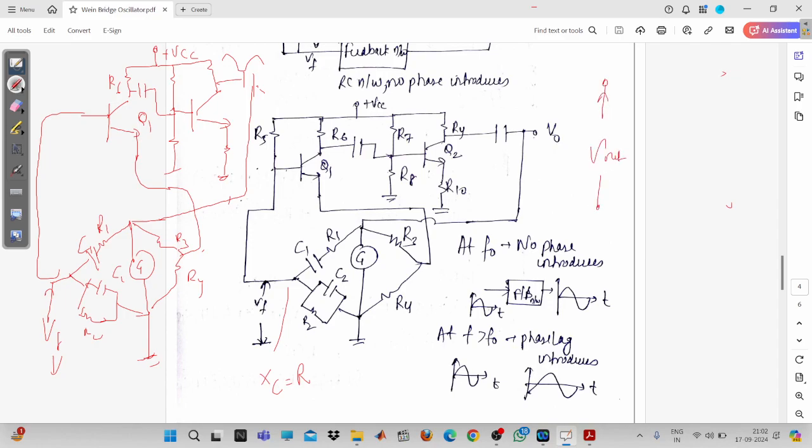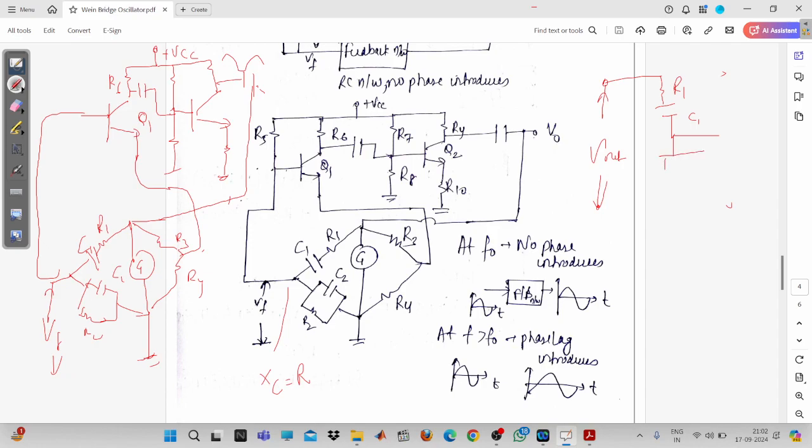Now the output has been given to which part? The output has been given to this combination, that is the series combination. So this is R1, then you have C1. Fine. And to the middle point, the middle voltage will be given as the feedback.